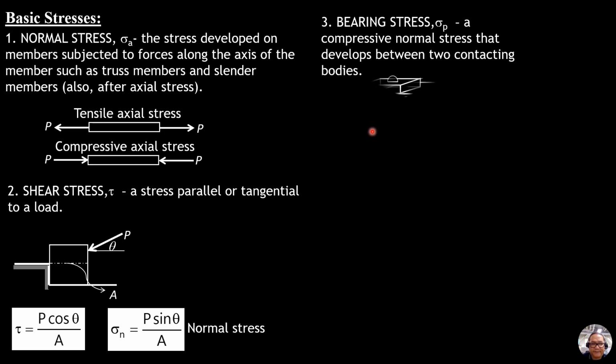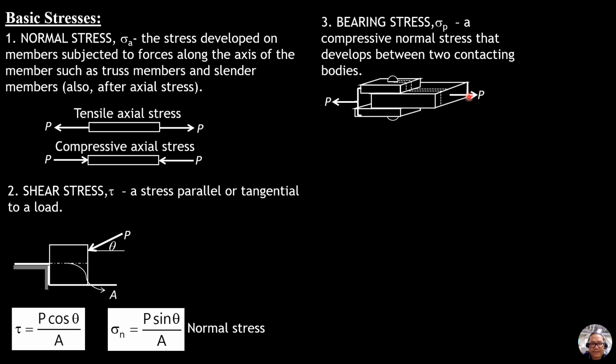If we have two lap plates here, then the load on the upper plate is P over 2 and on the lower plate P over 2, so the total is P. Then we have the projected area of this rivet or bolt, which we project to the right, and the dimension of the projected area would be rectangular.